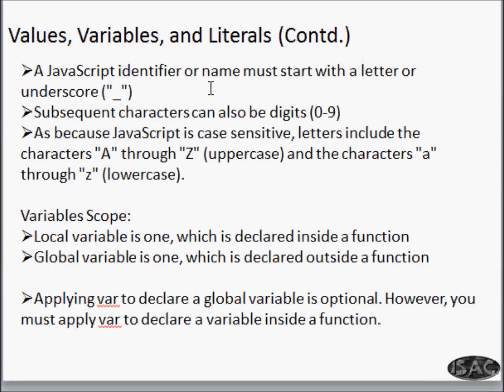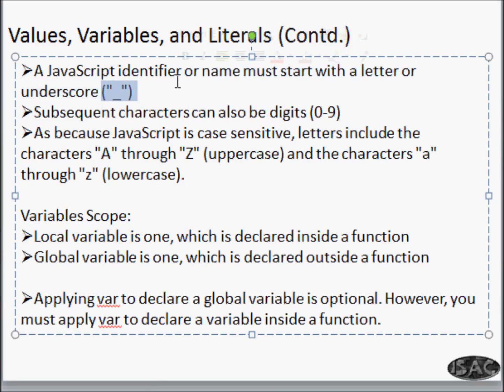JavaScript identifiers: a name must start with a letter or underscore. I wrote var x, so that variable name must follow a certain convention, the convention listed here. When we talk about the variable, we call it an identifier also.